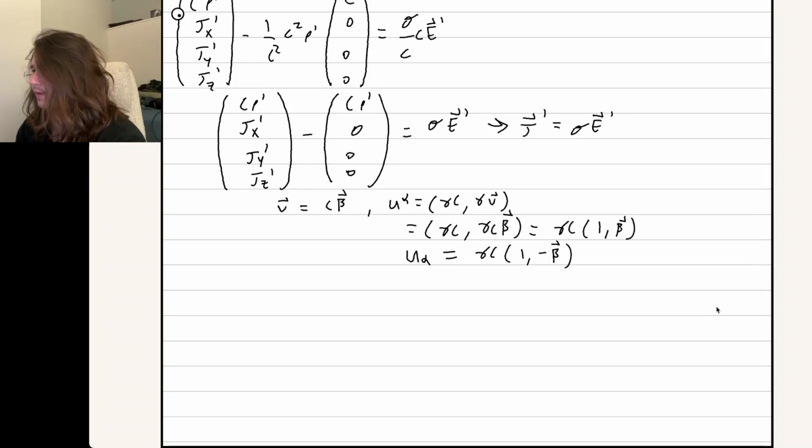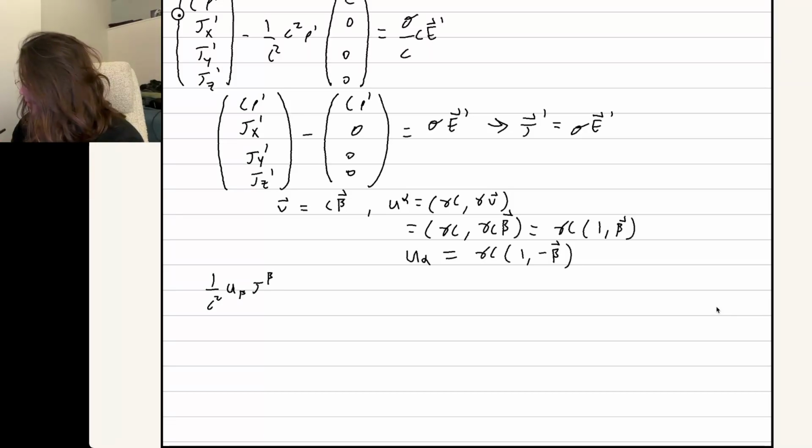So we find that we can represent the 3-current in a specific way. First of all, it involves this dot product here, u beta j beta, just from the equation that we had up top.